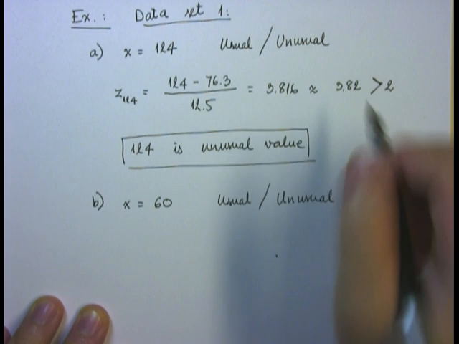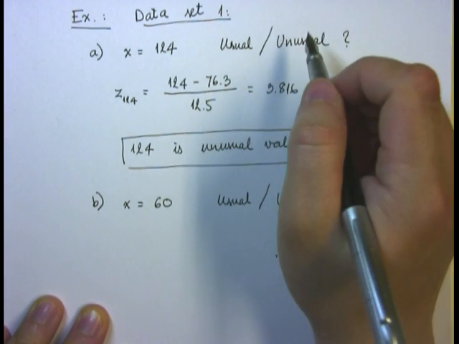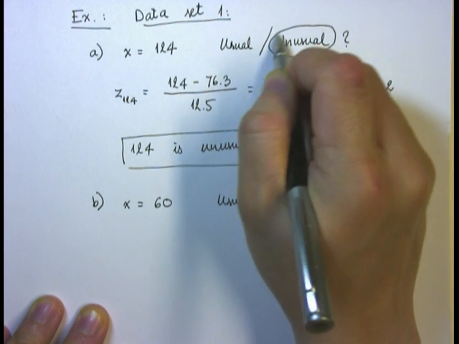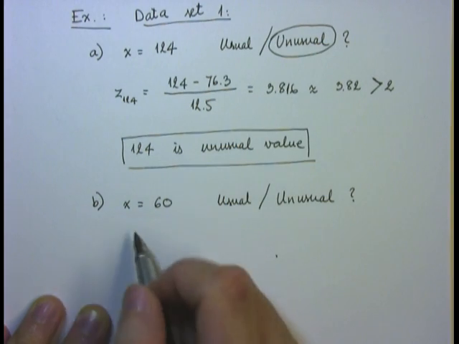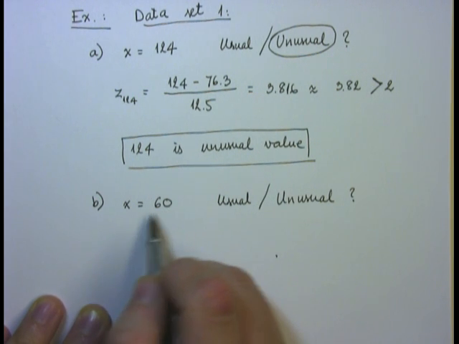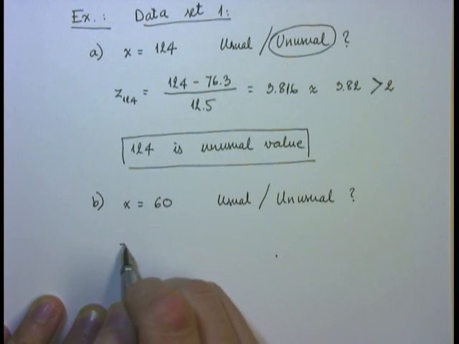In the preceding problem it was an unusual value, and we circled unusual. Let's investigate whether 60 is unusual or usual. So we need to find the z-score again.